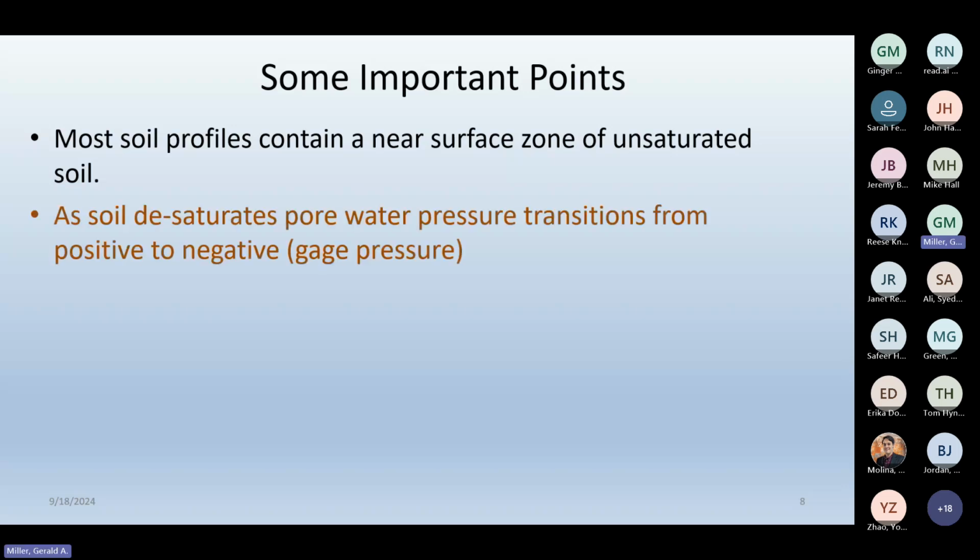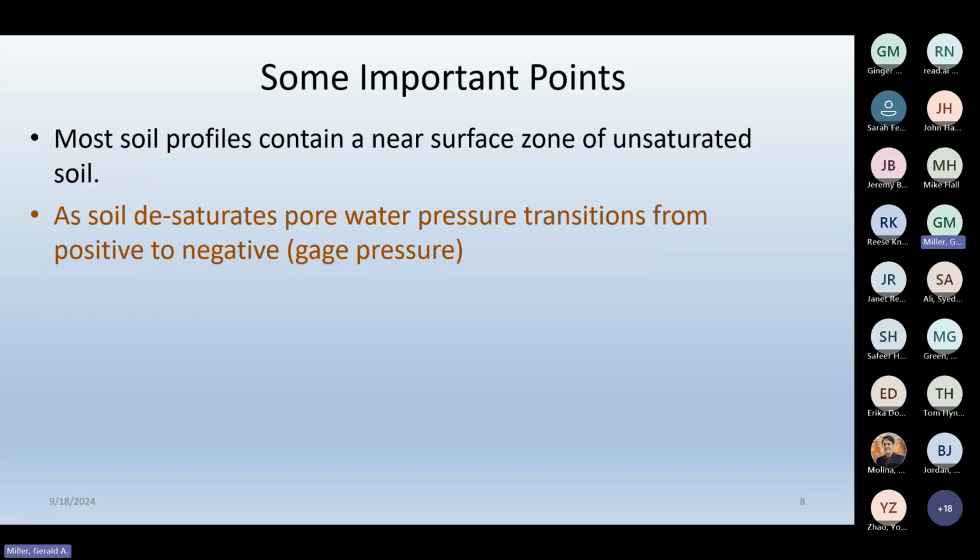So what happens in these zones as the soil desaturates, so let's say a soil profile starts saturated and then it drains, it desaturates, the pore water pressures transition from positive to negative. So if you remember your effective stress principles for unsaturated soil, effective stress basically controls all aspects of mechanical behavior, and it's equal to the total stress minus the pore water pressure.